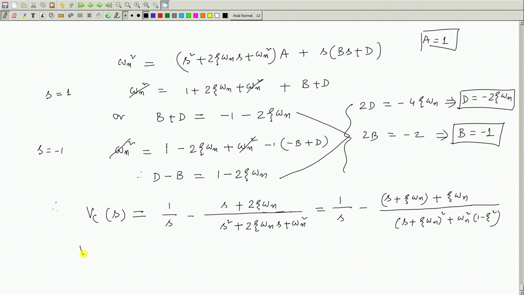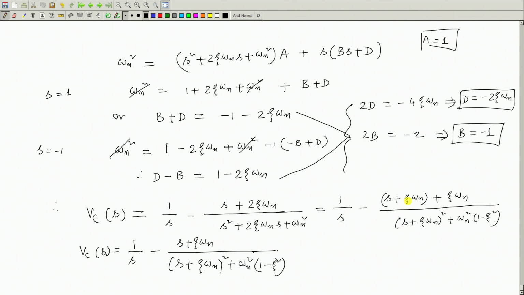and VC(S) will be equal to 1 over S minus, you now separate these two things. So, it will be equal to s plus zeta omega n divided by s plus zeta omega n whole square plus omega n square into 1 minus zeta square.